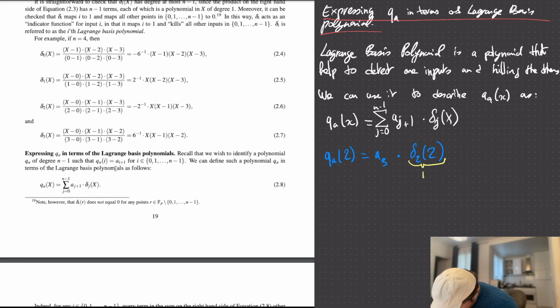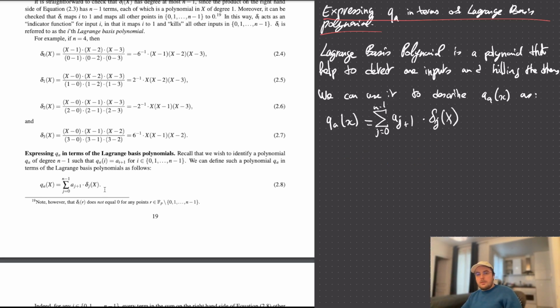And every other, for example delta of 3, will be equal to 0 because it's 2. So the polynomial will only give the right a of j plus 1 for the right x, kind of. If you understand what I mean. It's so smart.